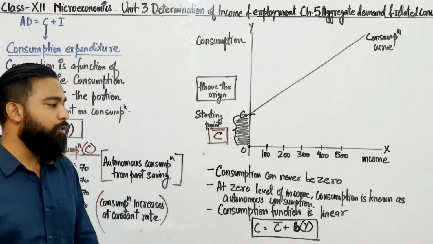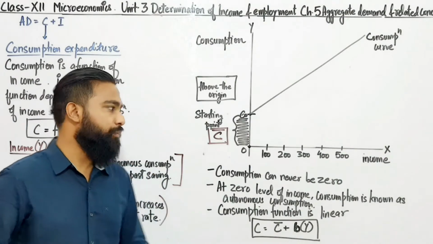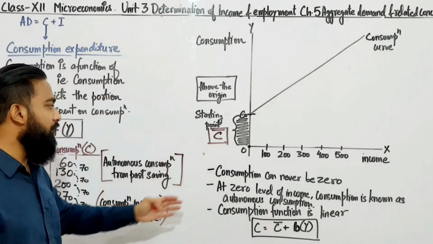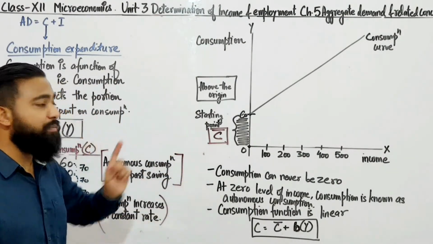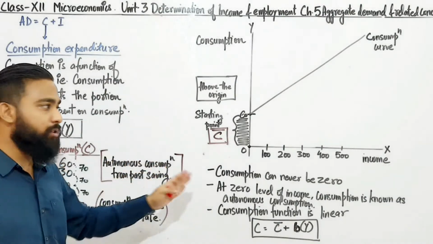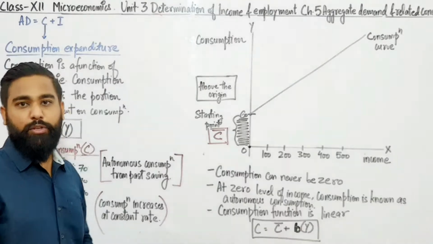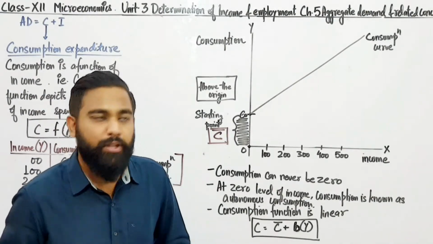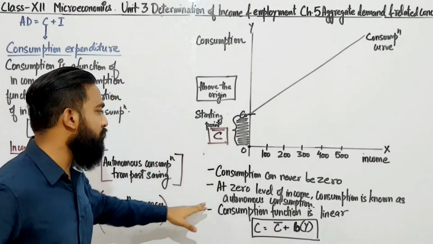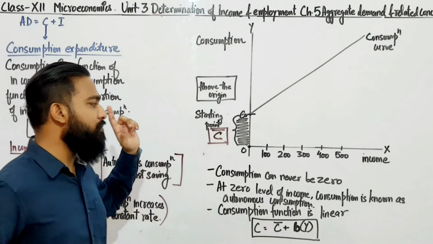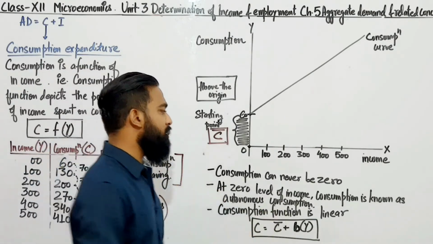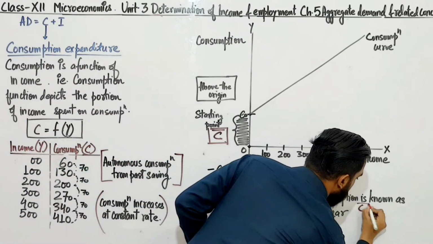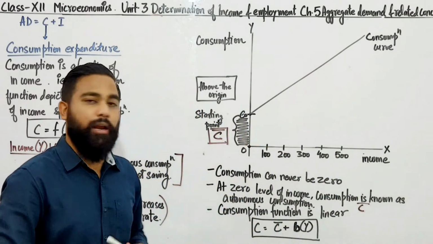Now let's see it again. Consumption can never be zero. Understood? Even though you have zero income, you will consume something. So consumption can never be zero, and at zero level of income, consumption is known as autonomous consumption, which you can denote as C bar.